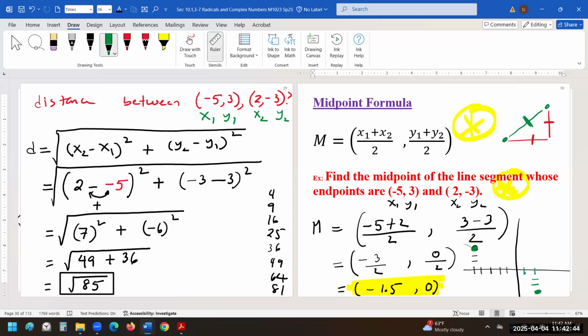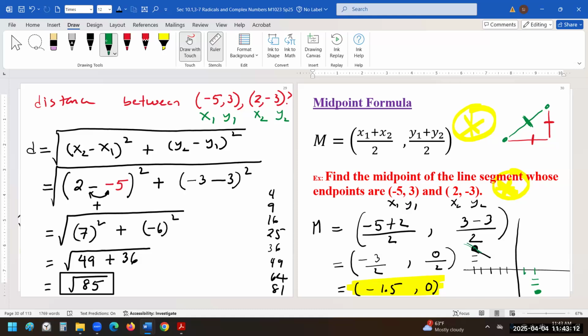Now, can I draw? Ruler. My ruler doesn't work when I want it to work.